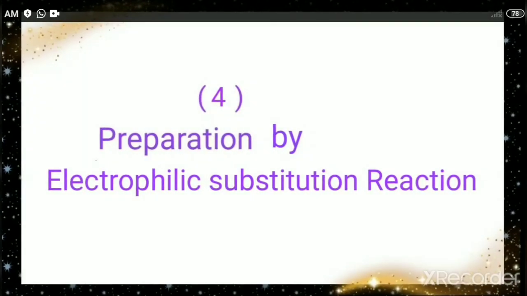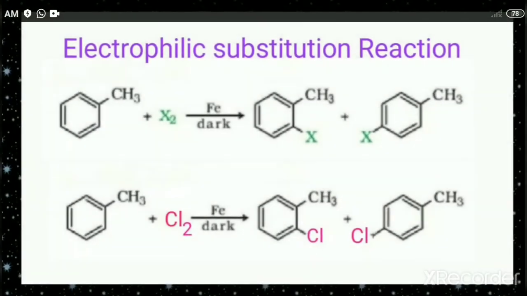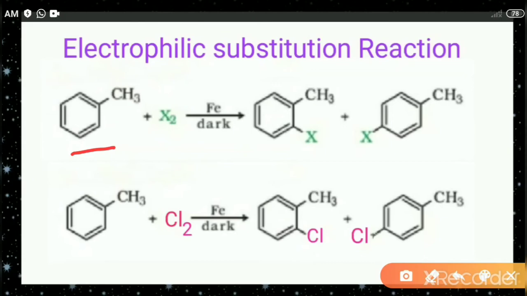Next is preparation by electrophilic substitution reaction. Haloarenes are usually prepared by this method. Last year we also discussed electrophilic substitution reaction. This is toluene, a hydrocarbon having a benzene ring.